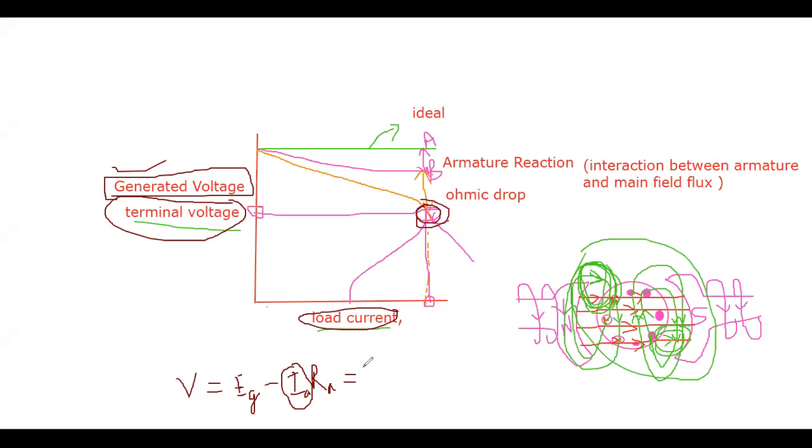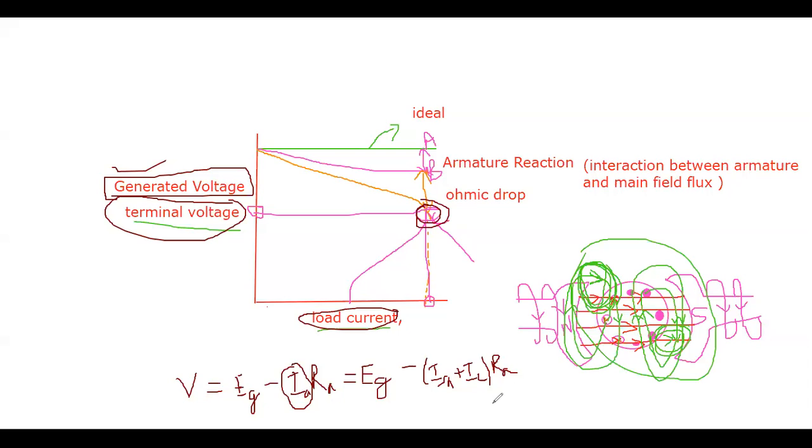So V equal to Eg minus (Ish plus IL) multiplied by the armature resistance Ra, where Ish is the shunt winding current and IL is the load current. So this is the final equation for the load characteristics.